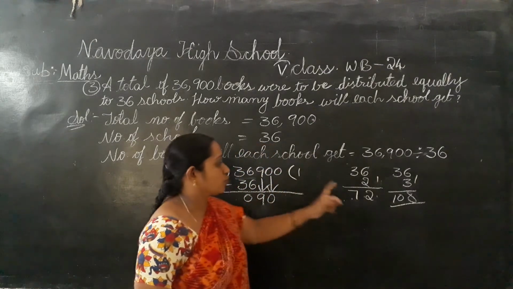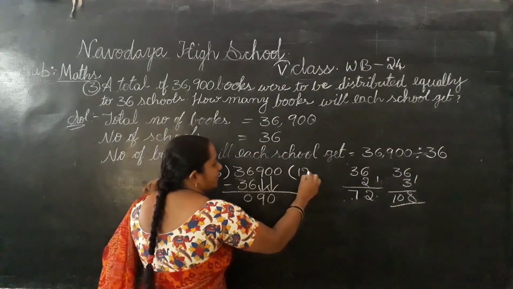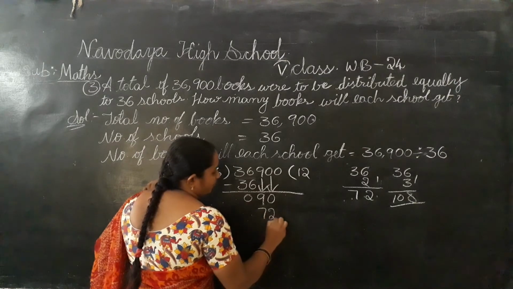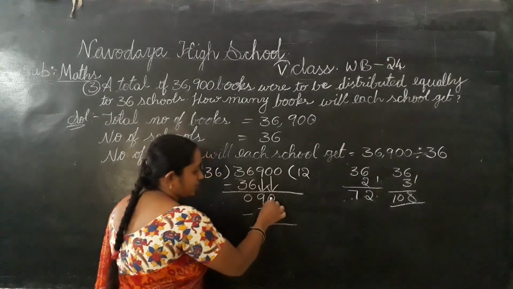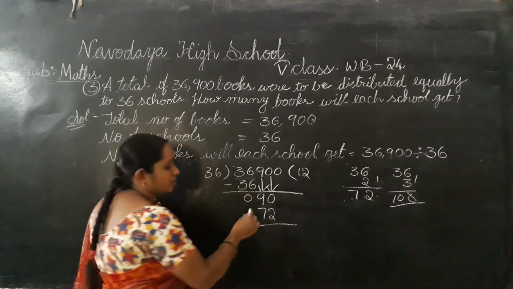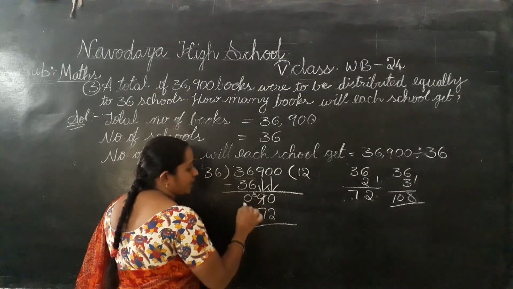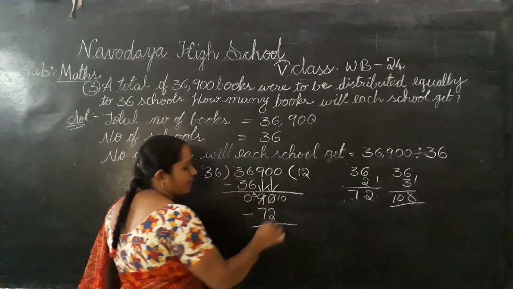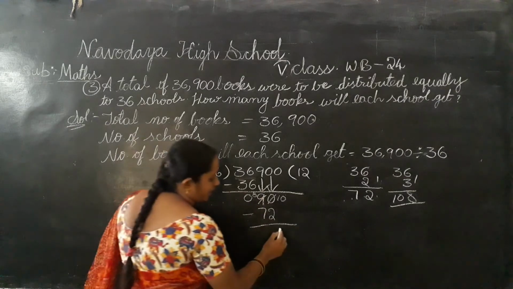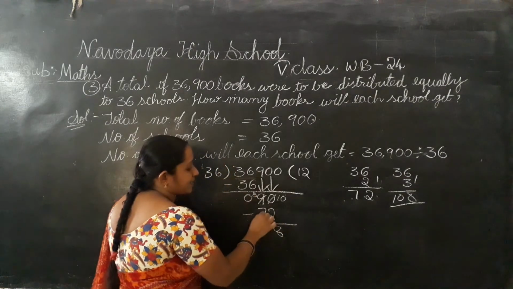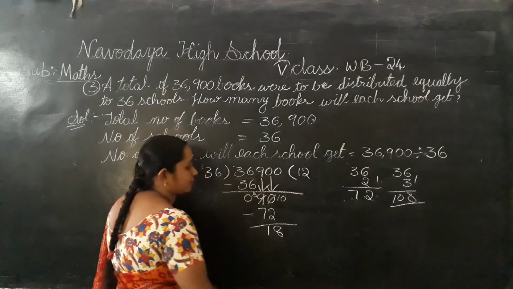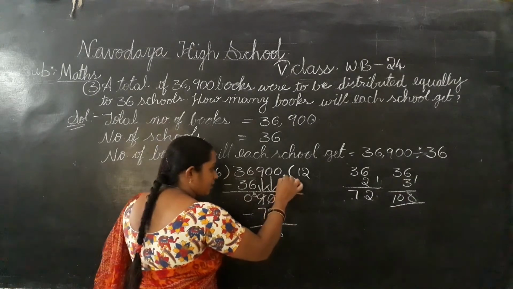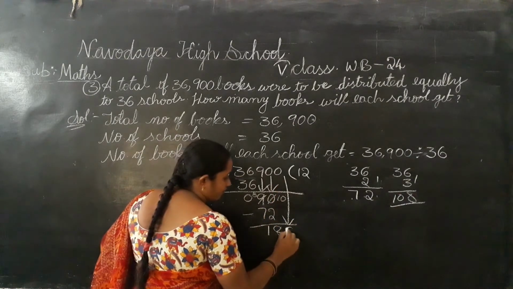So 36 twos are 72. Do subtraction. 0 minus 2, not possible. Get borrow. 9 becomes 8, 0 becomes 10. 10 minus 2, 8. 8 minus 7, 1. Next another place is there. Write it down, 0.